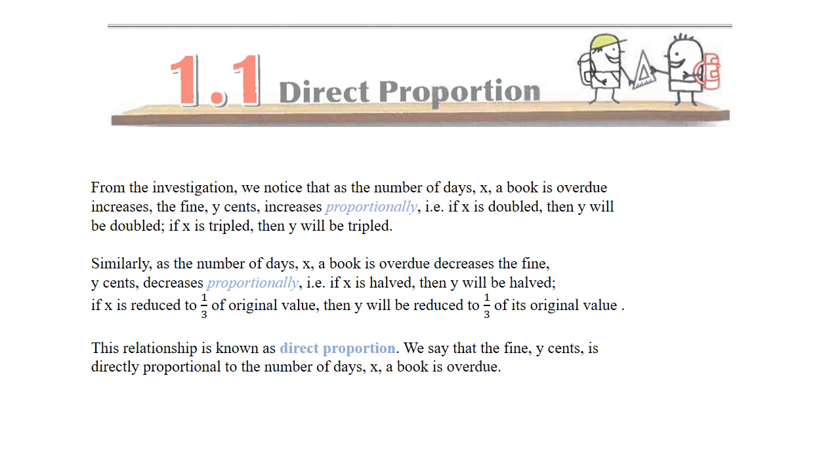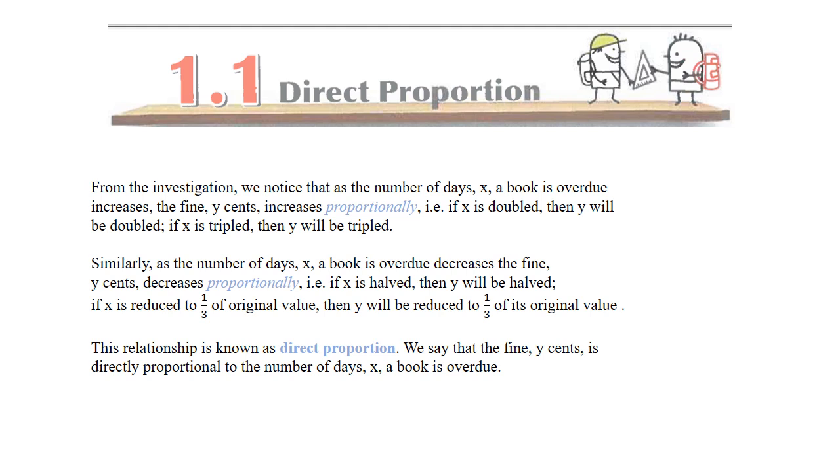For example, if we have a fine on a particular day, then the next day the fine becomes double. And on the third day it becomes the triple. So in this way we can see that there is a proportionality in the increase of the fine.